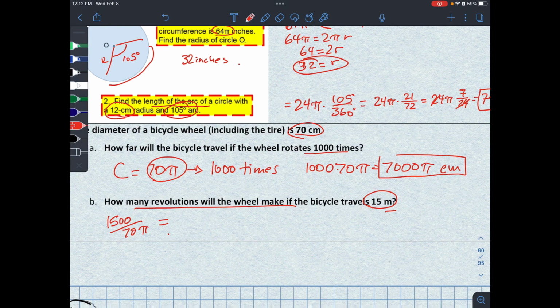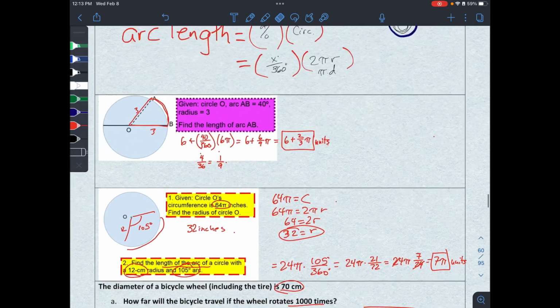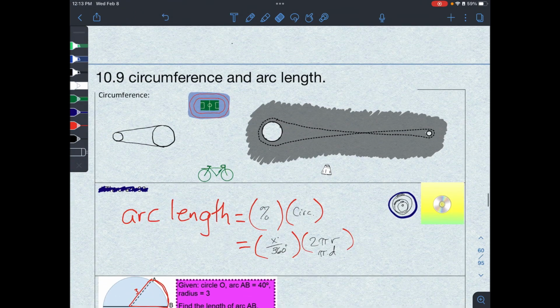My good old calculator friend here. It doesn't make sense to leave this as an exact answer. Wait, I need parentheses around my denominator: 70 pi, parentheses close. Okay, so I get 22.7 revolutions.